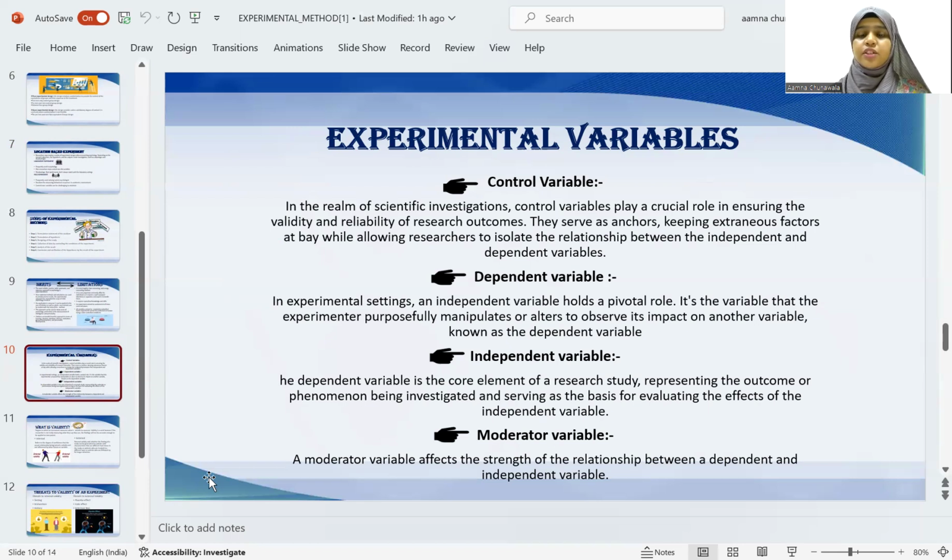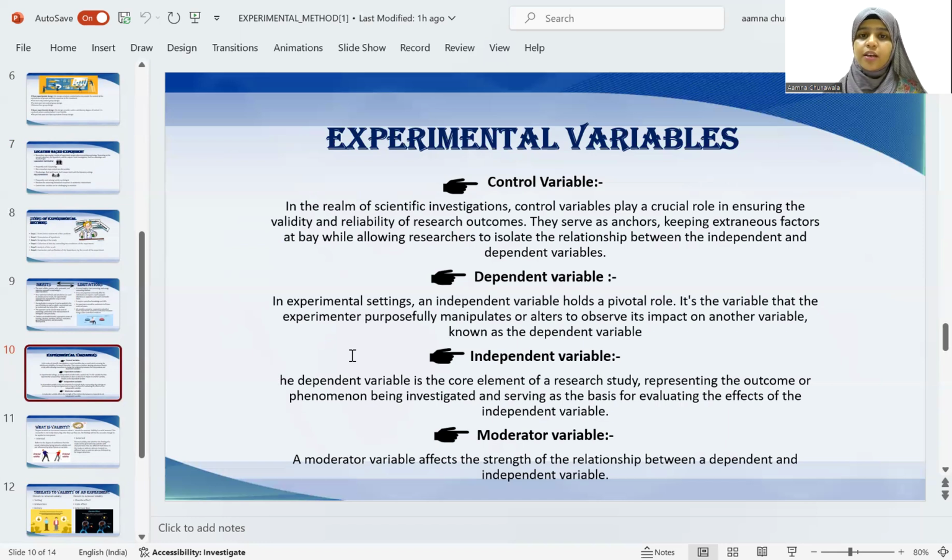Now let us see the difference between the dependent and independent variable. The dependent variable is the core element of a research study, representing the outcome or phenomenon that is being investigated, and it serves as the basis for evaluating the effects of the independent variable.